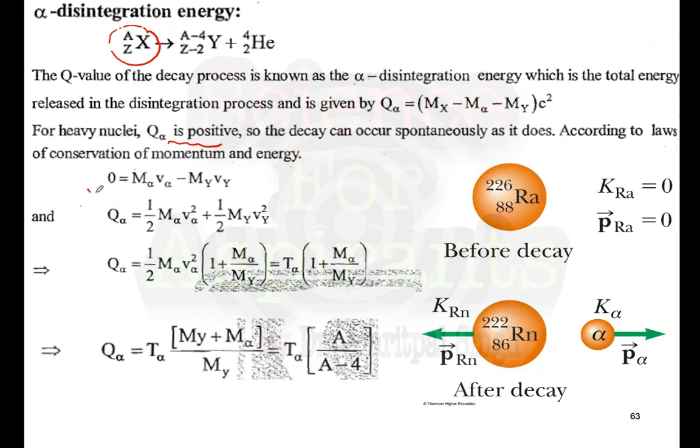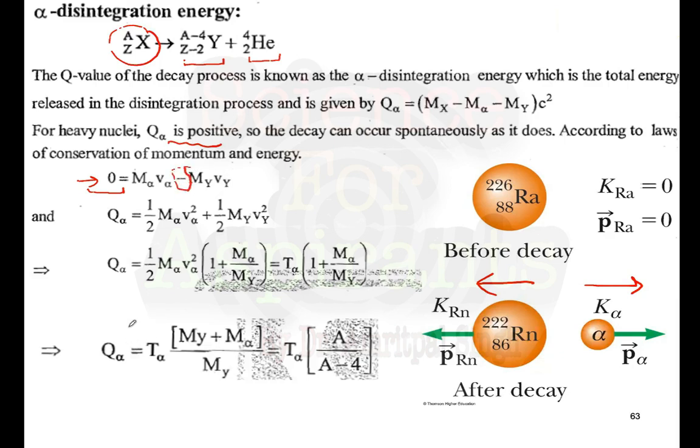Because the parent is at rest, the momentum on the left hand side will be equal to 0. When the daughter nucleus is emitted along with the alpha particle, they move in opposite directions to conserve momentum, and that's why we keep the negative sign.